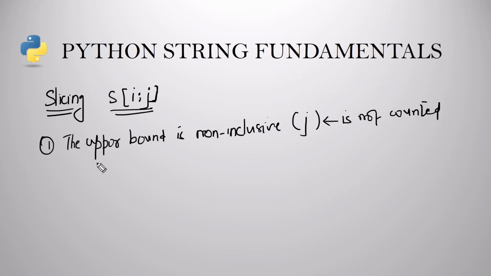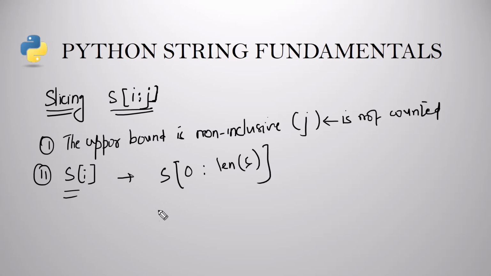Slice boundaries default to 0 and the length of the sequence if omitted. What it means is, if you give S[:] like this, by default it takes S[0:length of S]. And this is also used as a top-level copy of S.